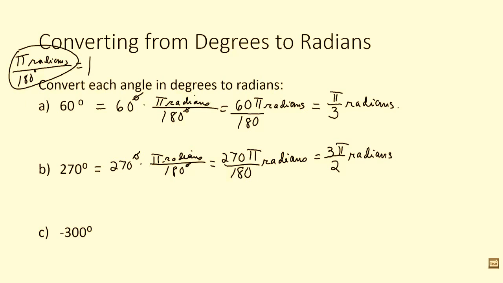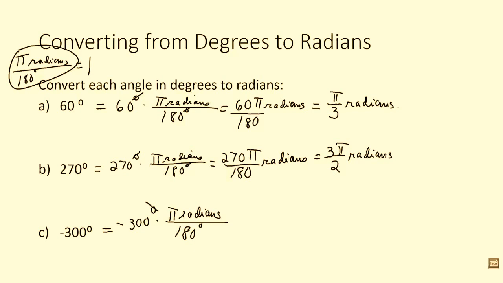In the next example, we will convert negative 330 degrees to radians. We have negative 330 degrees. We're going to multiply by pi radians over 180 degrees.